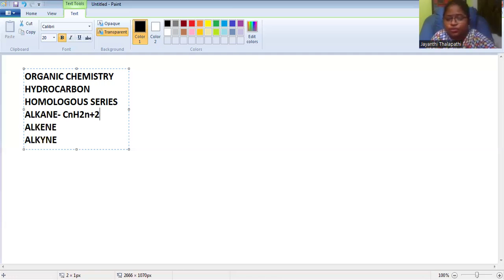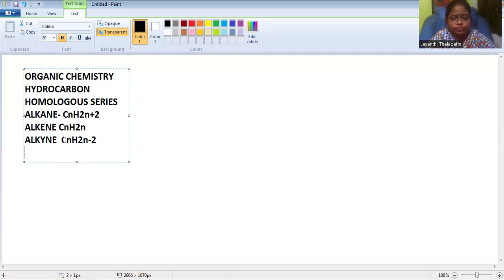The general formula for alkene is CnH2n. And alkyne is CnH2n-2. So this general formula is very important to find the formula for alkanes, alkenes, and alkynes.